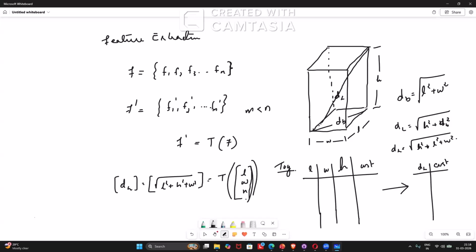So the new set of features will be some transformations of what? The existing features, basically. Hope you got it, right? So this is what we are calling feature extraction. From the existing set of features, we need to extract a set of new features by applying some kind of transformation.